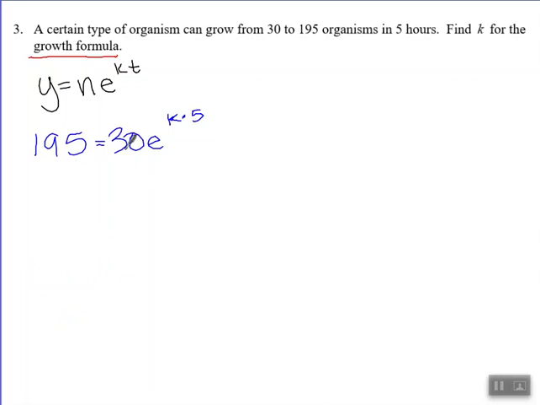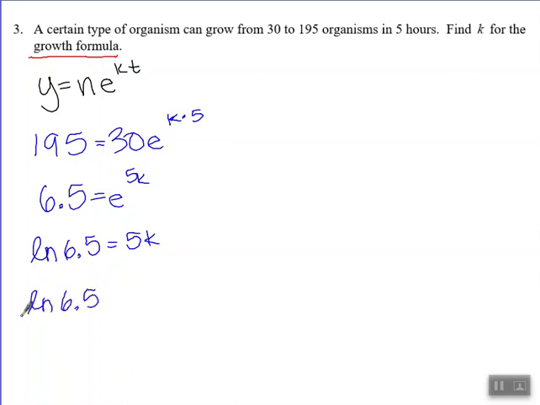We need to divide both sides by 30. That'll give us 6.5. Then, since the base of our exponential is e, we need to take the natural log of both sides and then divide by 5. Then we can type this in the calculator.